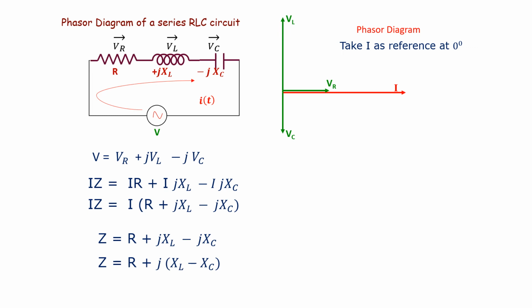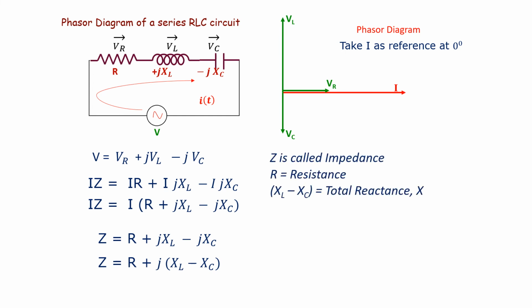This can be written as Z is equal to R plus J into XL minus XC. Here Z is called the impedance in ohms, R is the resistance, XL minus XC is the total reactance X.